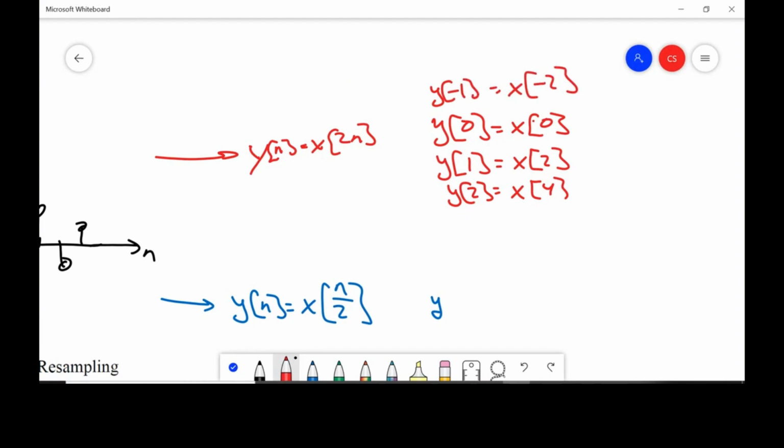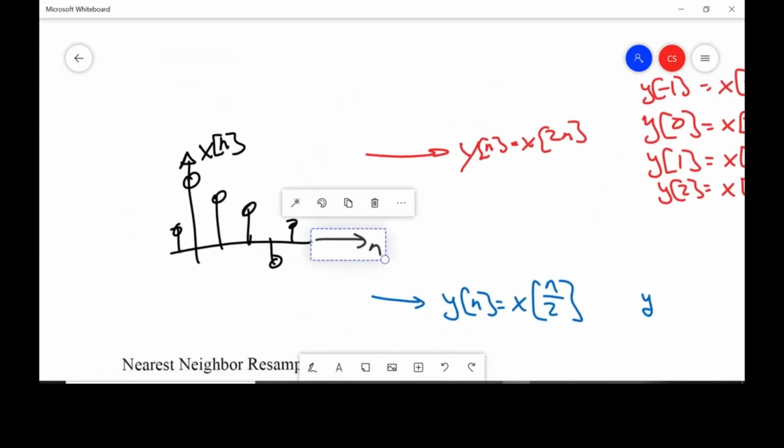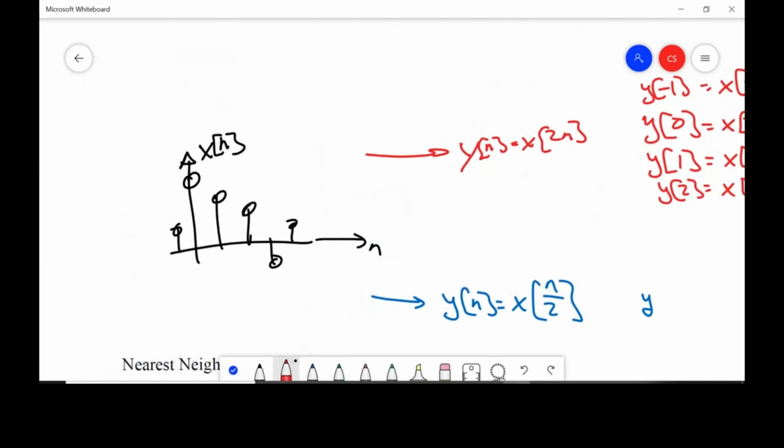So we can draw on the original system which ones are the ones that go with the y. It will be this one, another one, this one. Those are the ones that go with y. This one is called decimation.